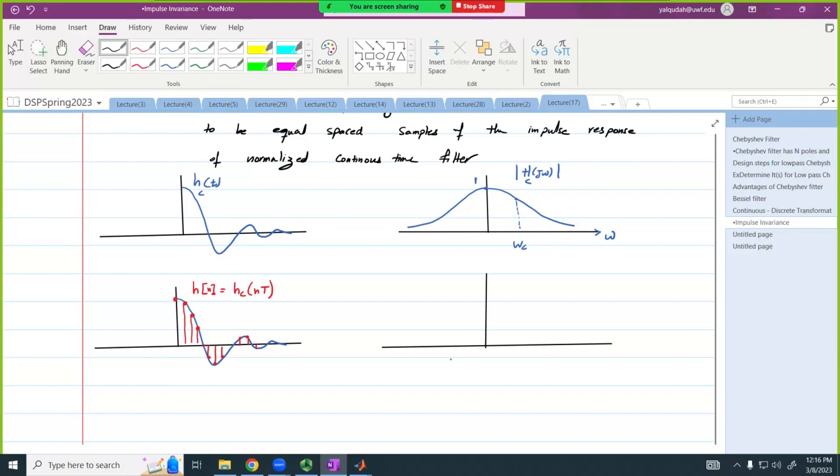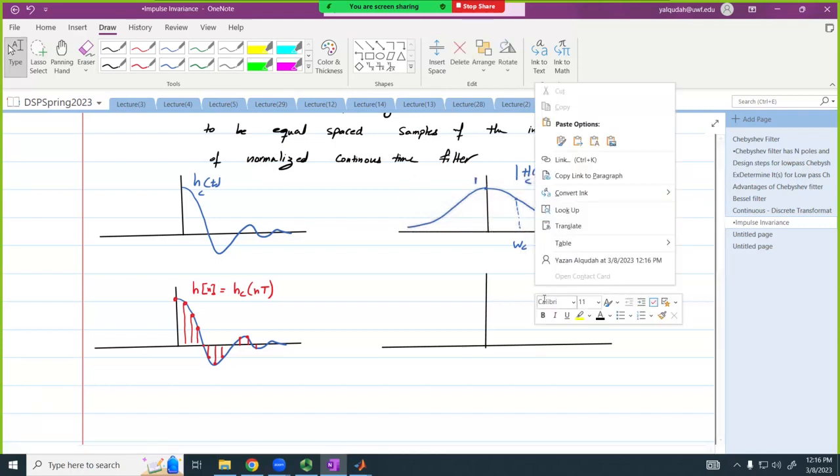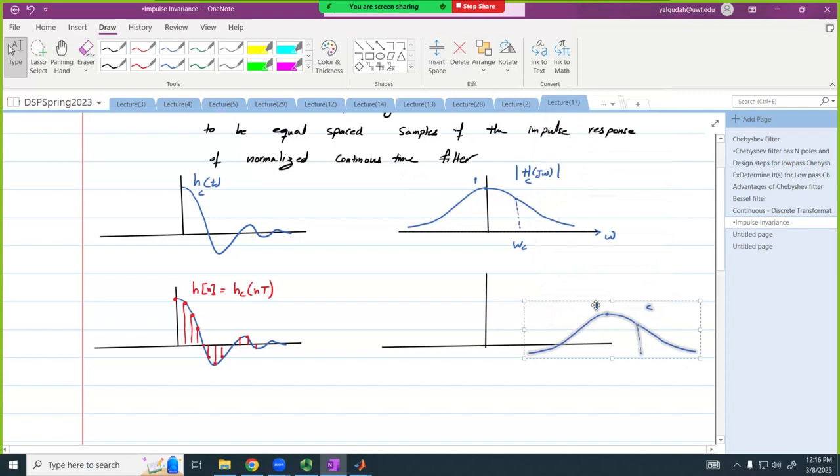Yeah. Remember? Sampling. Periodical. So what's going to happen is that this curve here is going to all of a sudden look something like this.